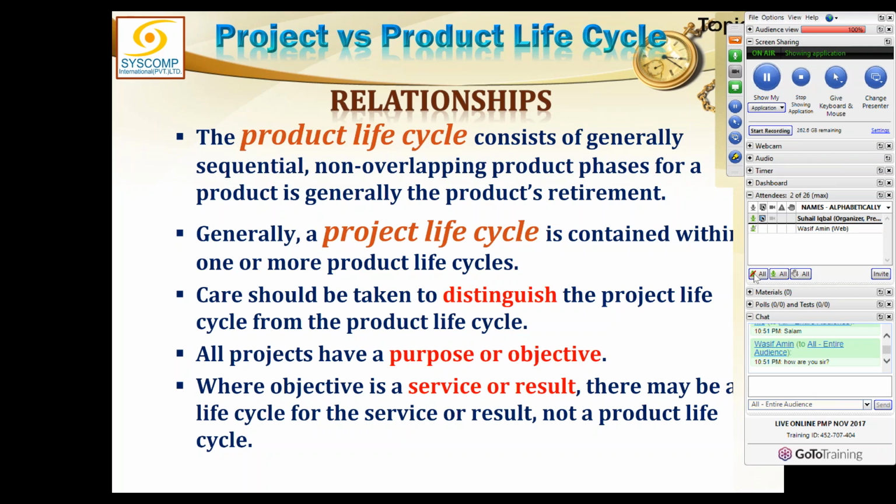And then we define another start, and that start is normally defined by the giving of the charter by the project sponsor to the project manager. Some starting point has to be there to define the start of the project, and there must be a finishing point because project is a temporary endeavor.